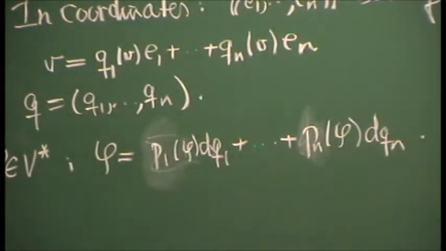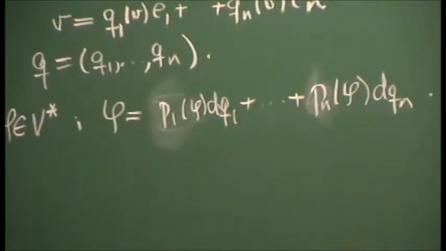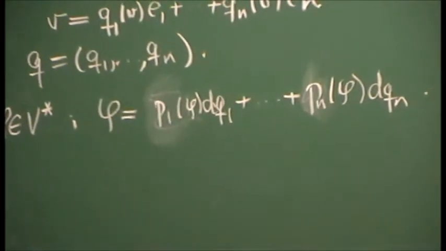So that's sort of the canonical way to write a point as a differential form on the dual space.